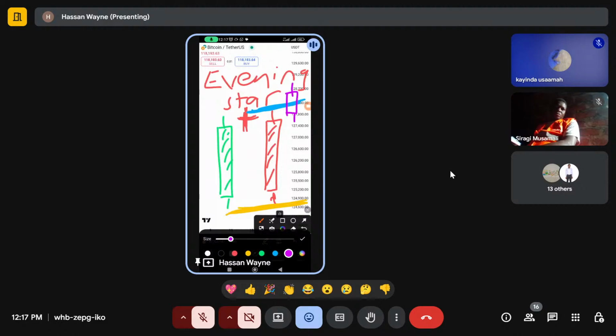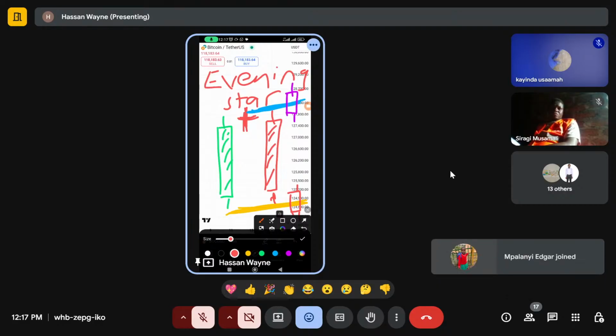And if I get a red candle that forms and breaks this support of mine, it means we have confirmed that the market is reversing. It has been in an uptrend. Now it is going to change direction from uptrend to downtrend. So that is how the evening star looks like.